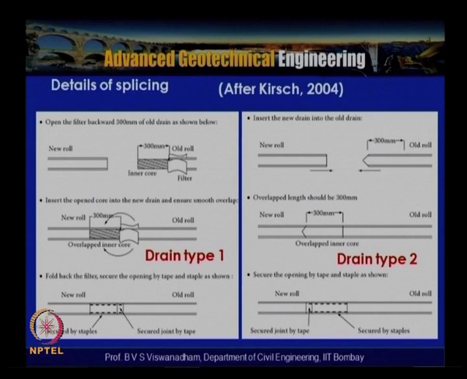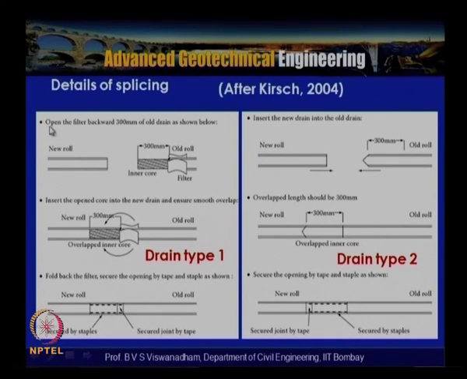So in order to avoid these things, for the typical type 1 and type 2 drain, the field practice is this: this is the existing running roll, and the filter can be peeled out like this, and then it can be inserted. So minimum 300 mm lap, and then these are placed again so that the soil will not enter, and this is spliced back here.